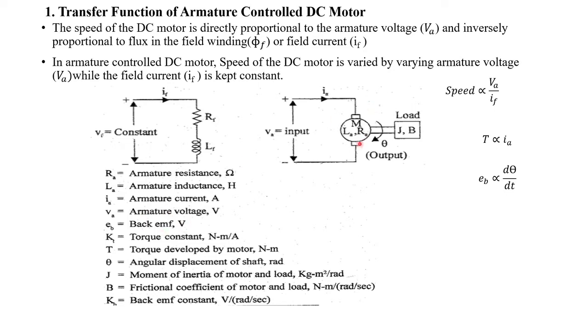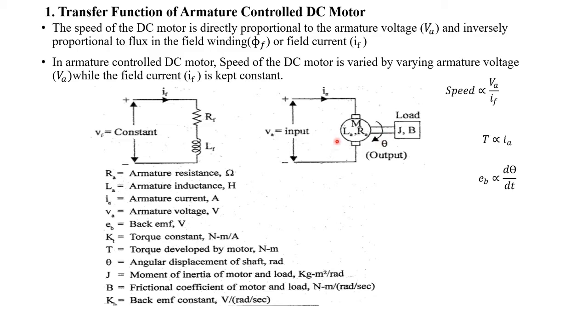Inside the motor there will be a generation of back EMF, that is represented by EB. EB is nothing but EMF, that is voltage, which is measured in volt. Then KT is nothing but torque constant. Here there will be a generation of the torque, isn't it? The torque constant will be represented by KT. Then T will be the torque developed by the motor, which I told already.